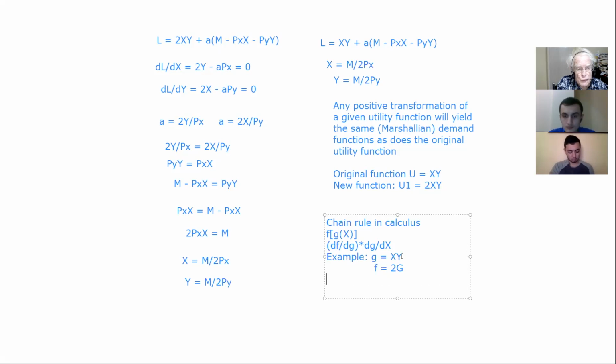Therefore, the change in f relative to x, using the chain rule, is 2 times dg dx, which is y. f is a positive transformation of g because df dg is 2, which is positive.